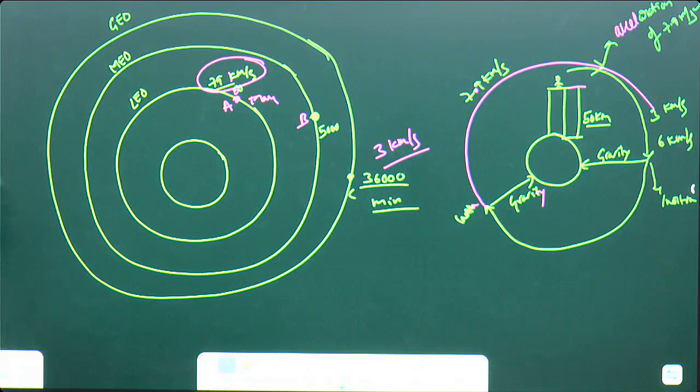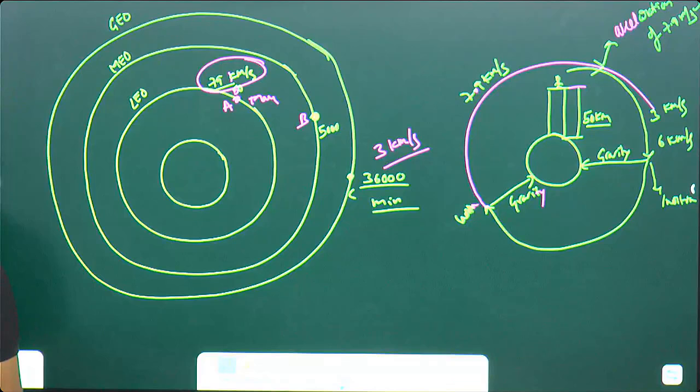Okay, now write down. Earth's gravity pulls objects, including satellites, towards its surface.